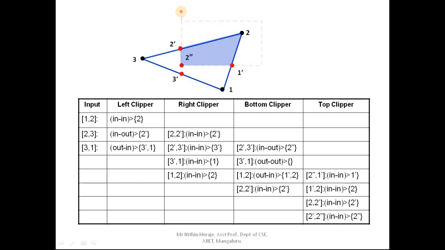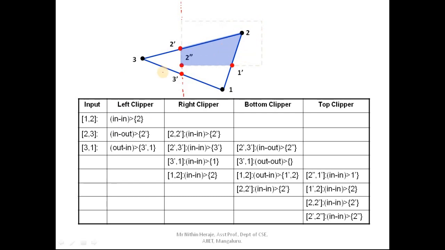Since this is the reference point for the left clipper, you can just see here, this is the reference point of the left clipper. So anything right side of this line will be treated as the points inside. Anything left side of this line will be treated as outside the line. So edge 1 to 2, when it is given to the left clipper, is everything right side of that line, so it is in, and the output will be the second vertex, that is 2.